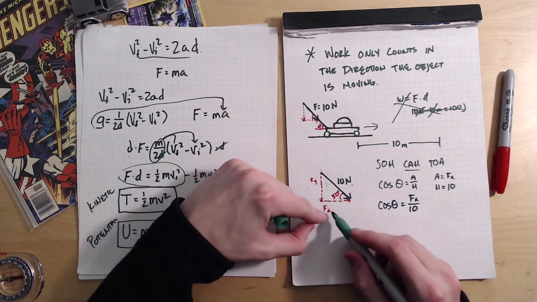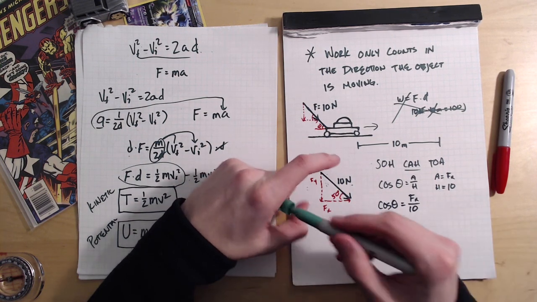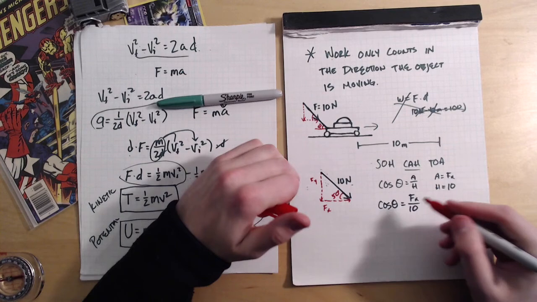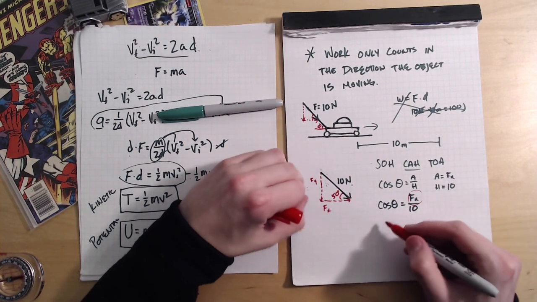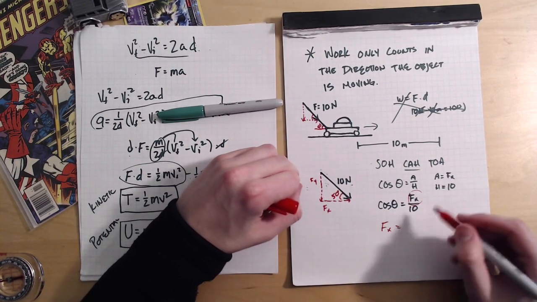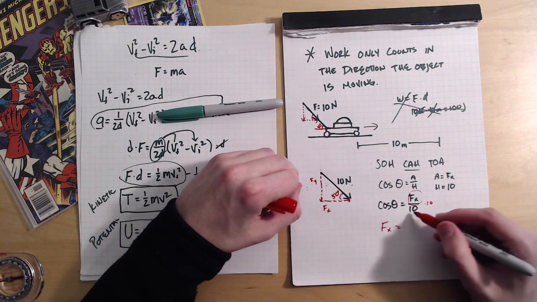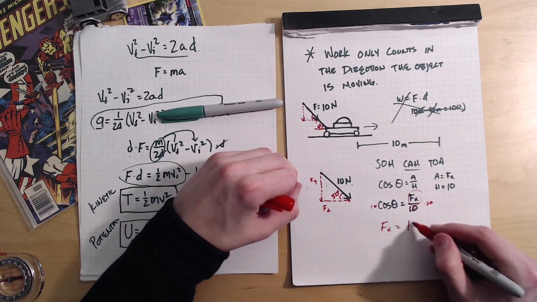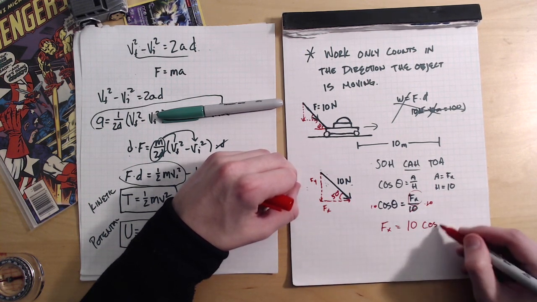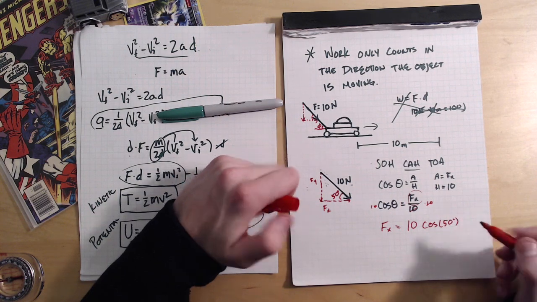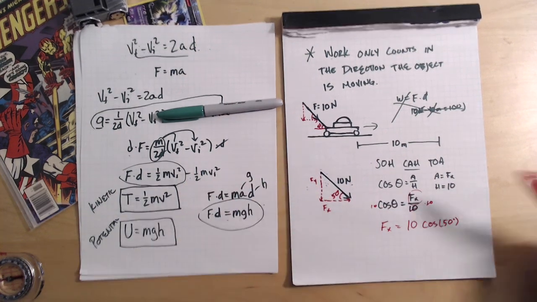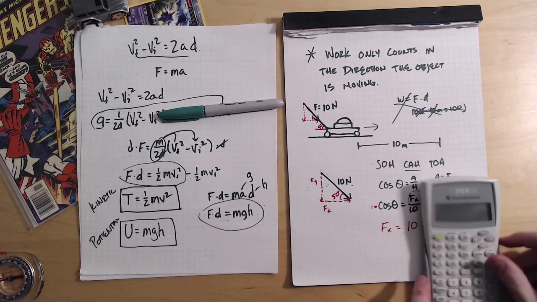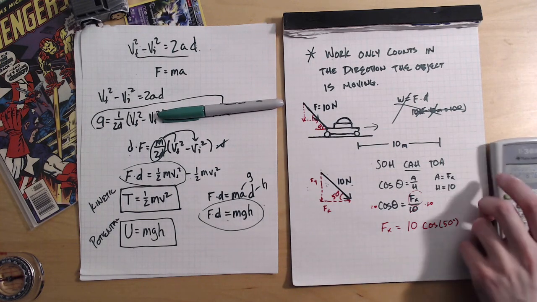And we want to find Fx. So let's solve for this. We get Fx is equal to, multiply both sides by 10, 10 cosine of 50 degrees. Now 10 cosine of 50, if we plug that in, that's about 6.4.